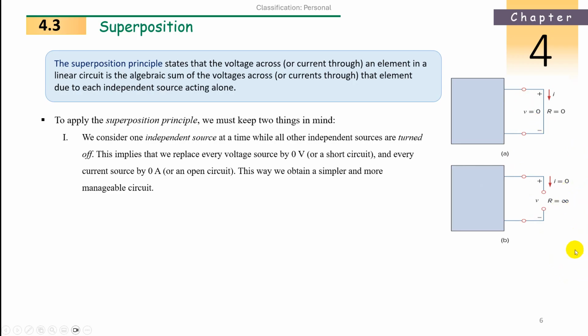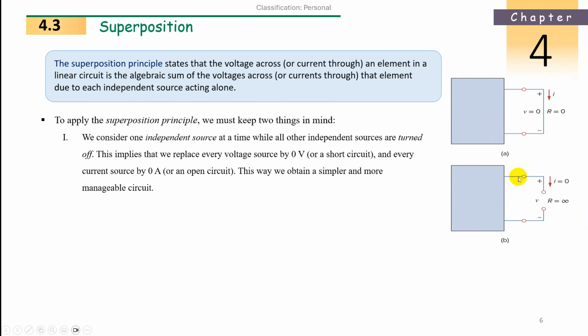How will it happen? In a short circuit, connect a wire in between where R is equal to 0, then the voltage will be 0. In an open circuit, make the open circuit, then R is infinite and the current will be 0, since V divided by R is something divided by infinite, which becomes 0.